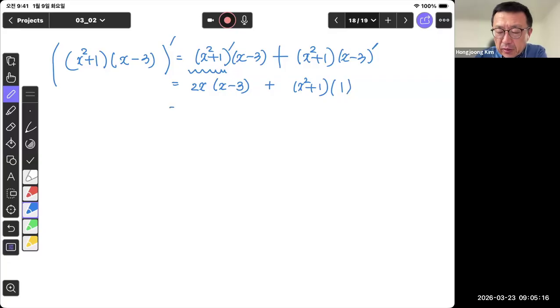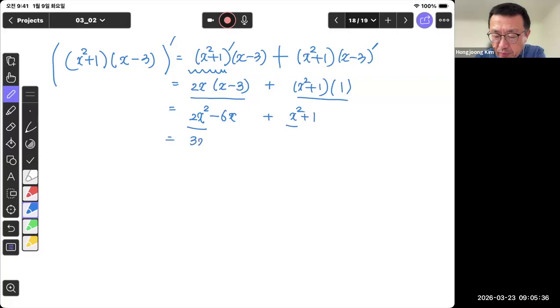So if I expand the first term, you get 2x squared minus 6x. If I expand the second term, you get x squared plus 1. So when I combine 2x squared with x squared, you get 3x squared.